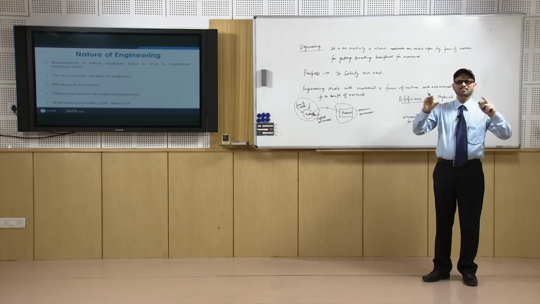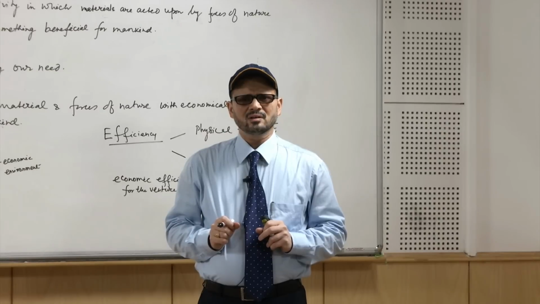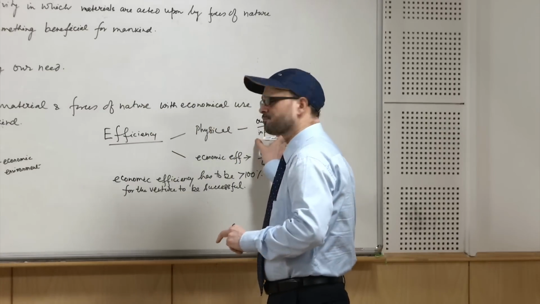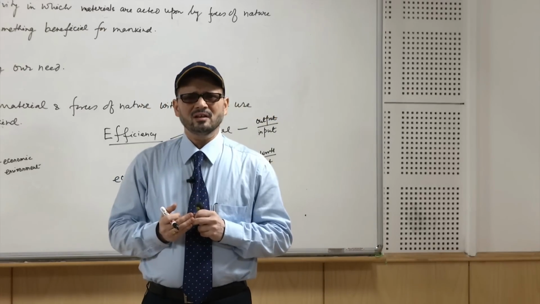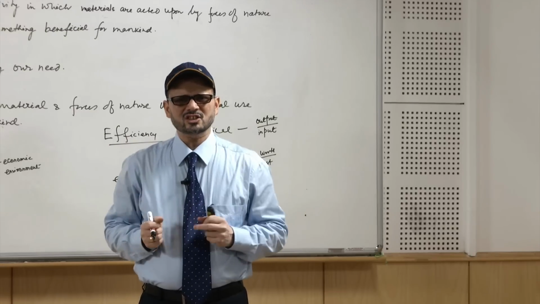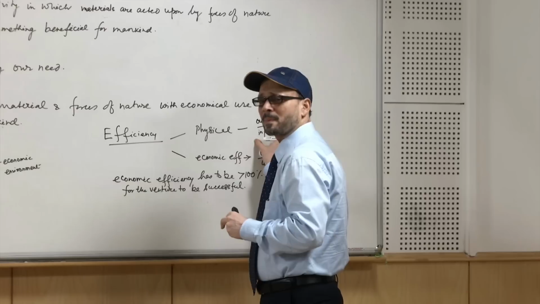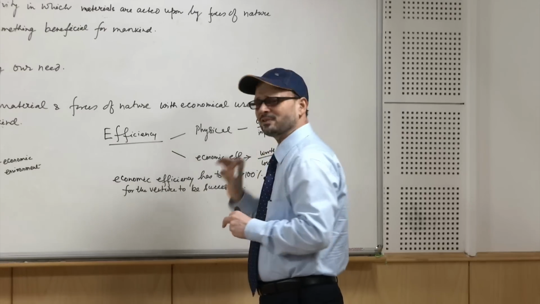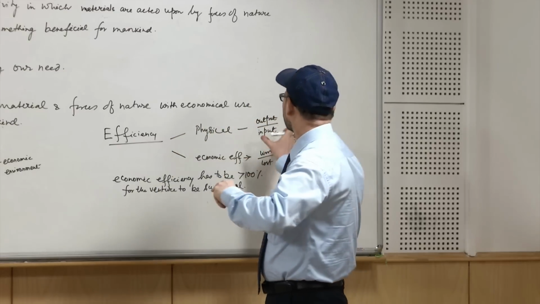We can have the example of any plant where, if you look at the physical efficiency, if we convert any raw material, if we burn the coal and try to get the steam, in that process the efficiency which is measured in terms of the physical efficiency is normally quite less than 100%.